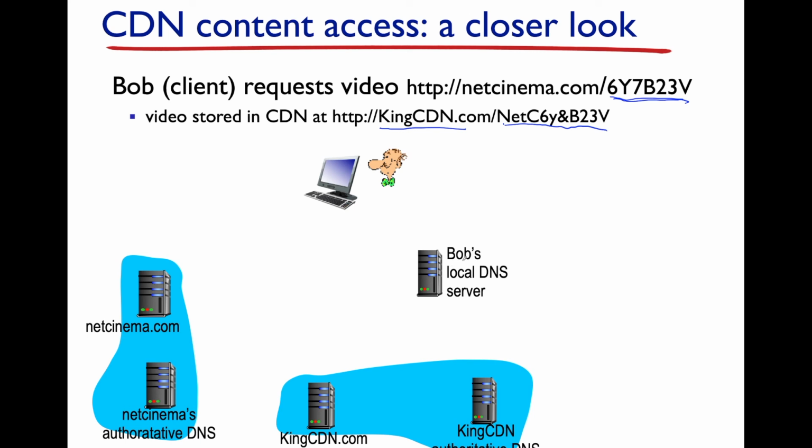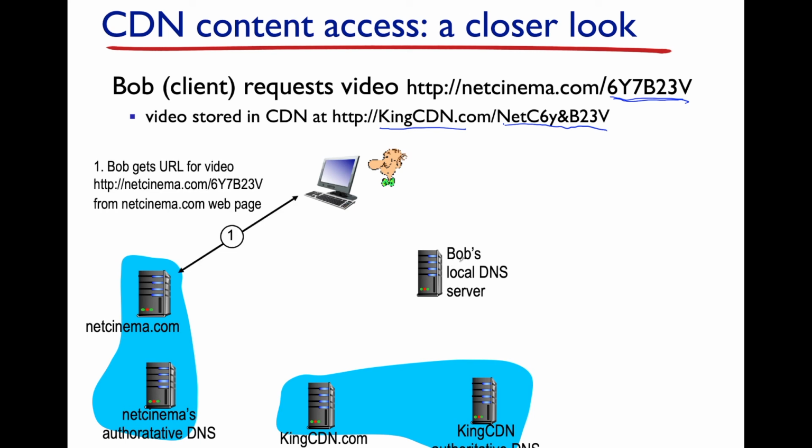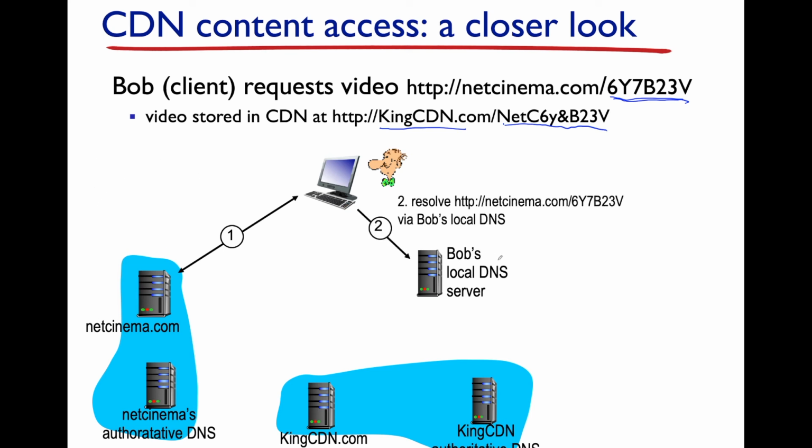So Bob goes to netcinema.com, and Bob then gets the URL for the video that he wants to watch from the netcinema.com webpage. Now Bob needs to resolve the netcinema.com hostname and goes to his local DNS to get the IP address for that.